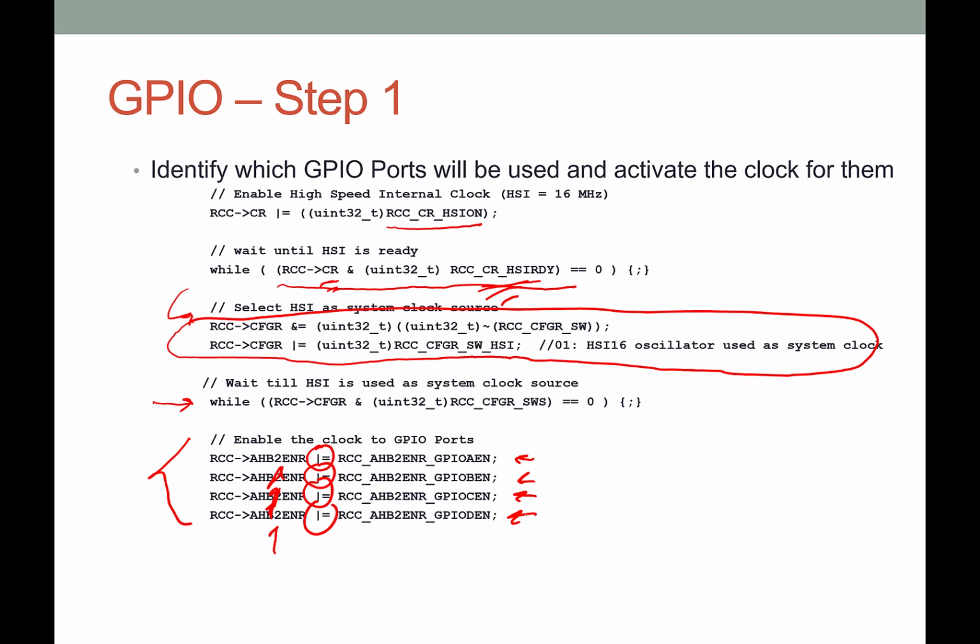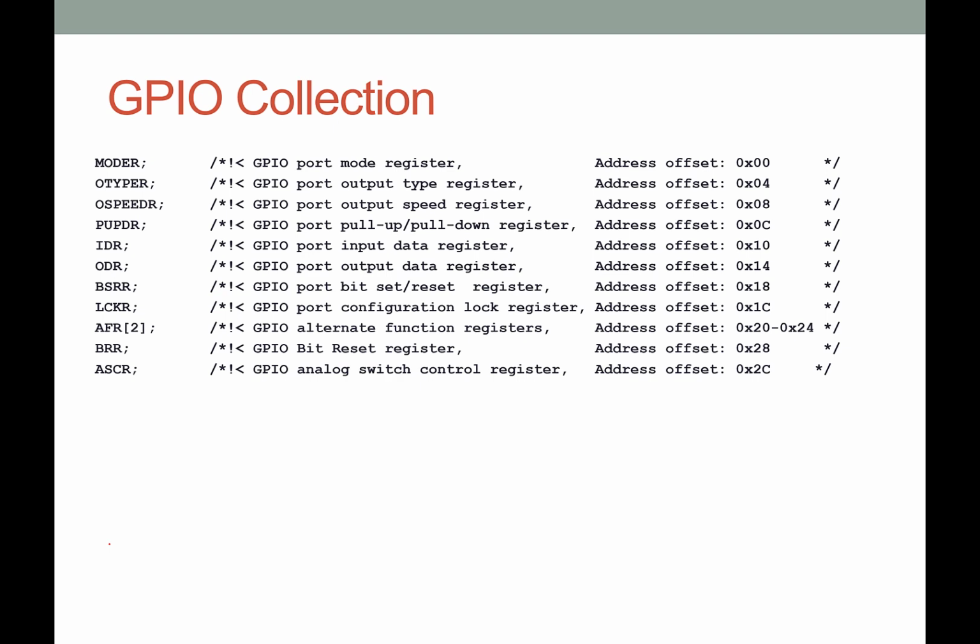We talked about doing the inputs, outputs, push-pull, all that sort of configuration. But this page right here follows the process that we have to go through to set up and enable the GPIO ports.